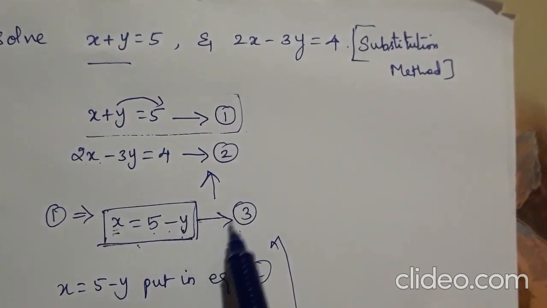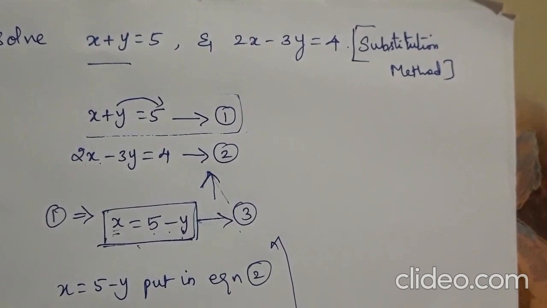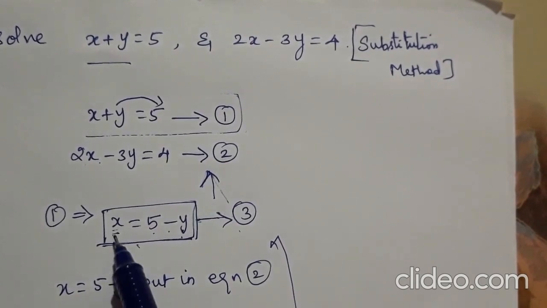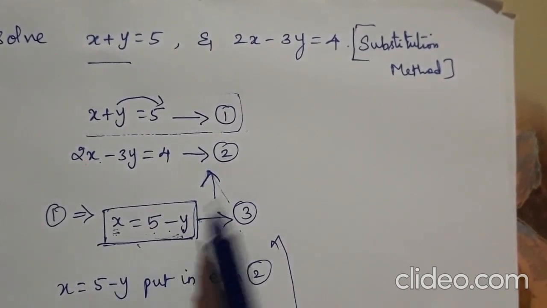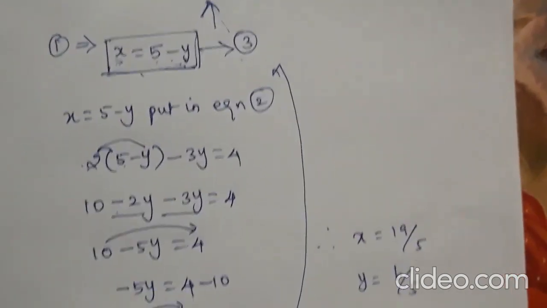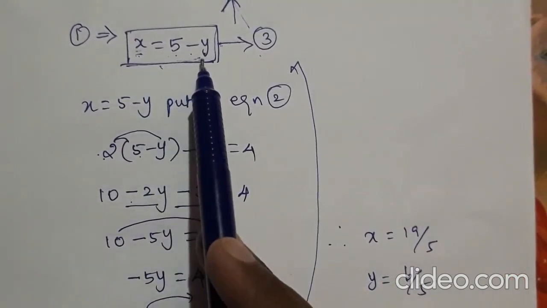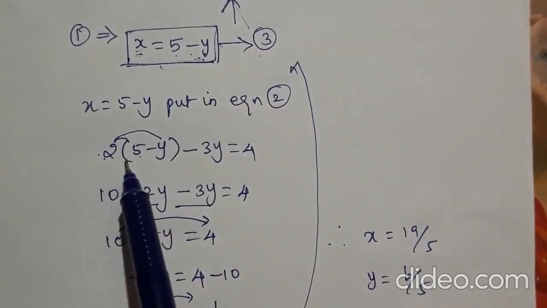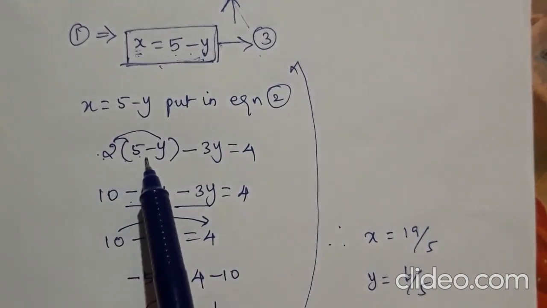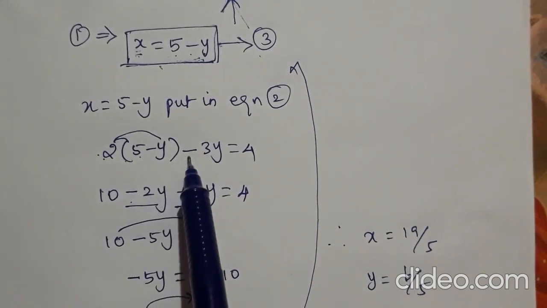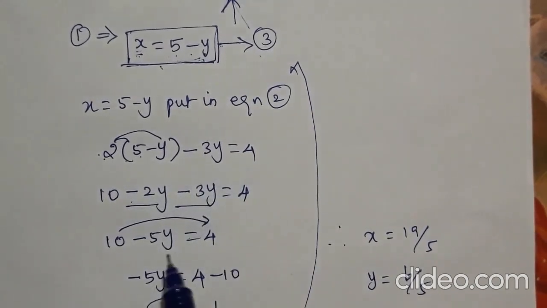This third equation we can substitute in equation 2. That is, instead of x we can substitute 5 minus y. So when you substitute x equal to 5 minus y, you will get 2 into (5 minus y) minus 3y equal to 4.